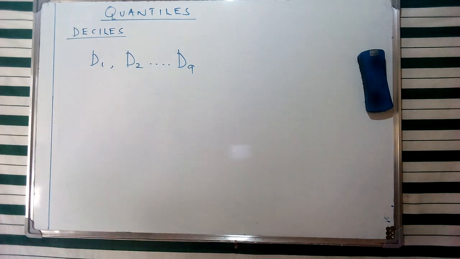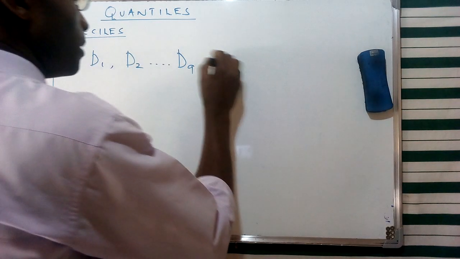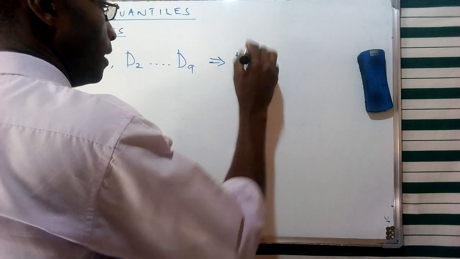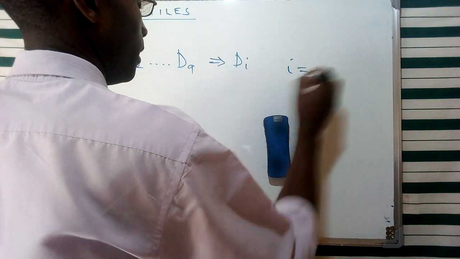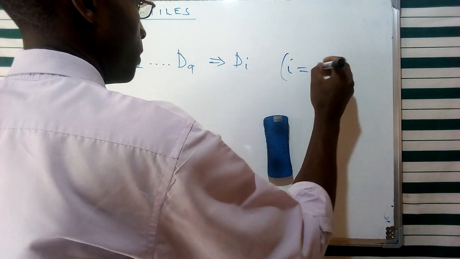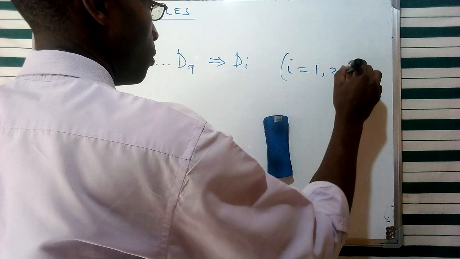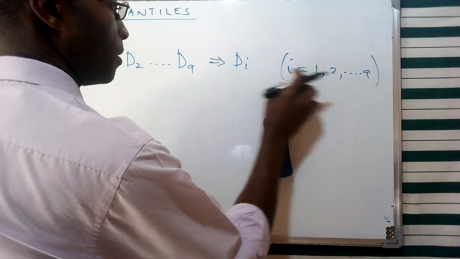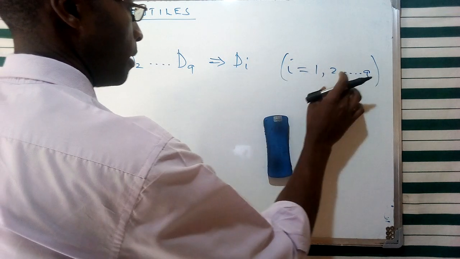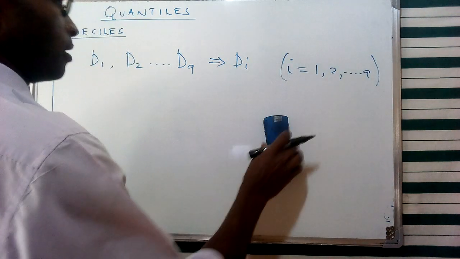Generally, we can represent this as the ith decile, where i represents values from 1 up to 9, representing the first, the second decile, up to the 9th decile.